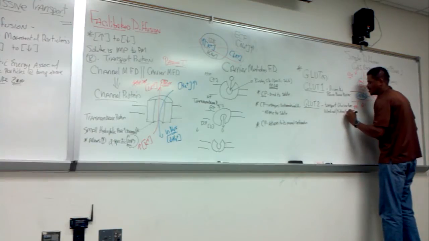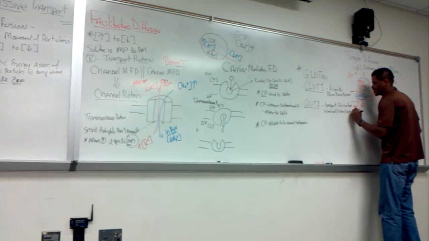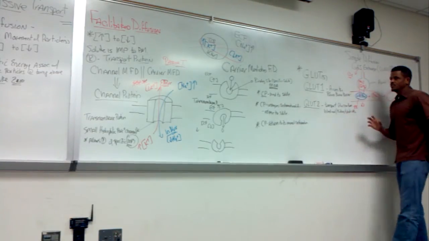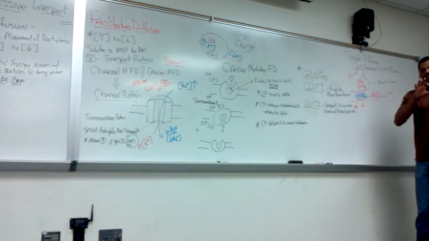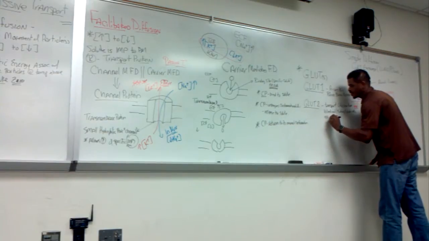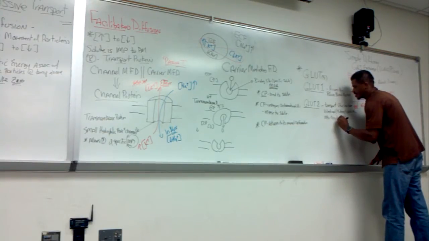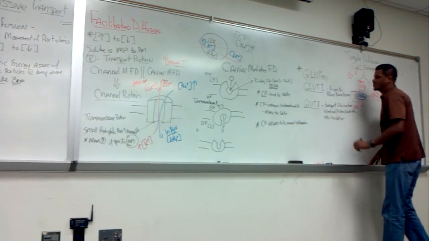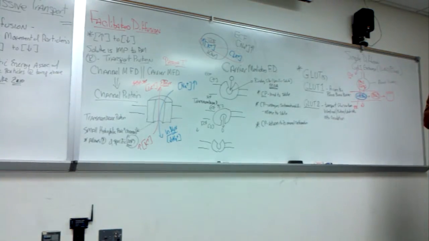So GLUT2 transports glucose from intestinal cells and kidney tubule cells into the circulation. So GLUT2 transports glucose from the lumen of the intestines into the circulation, from the kidney tubule back into the circulation.